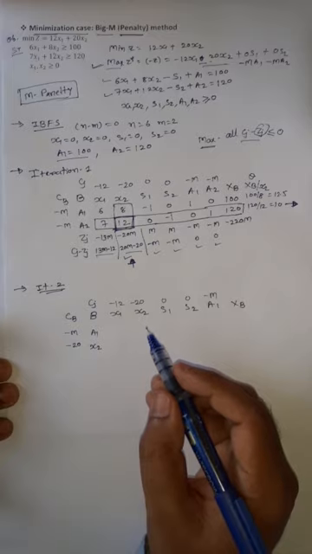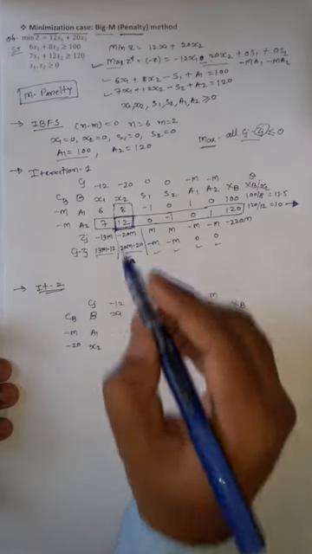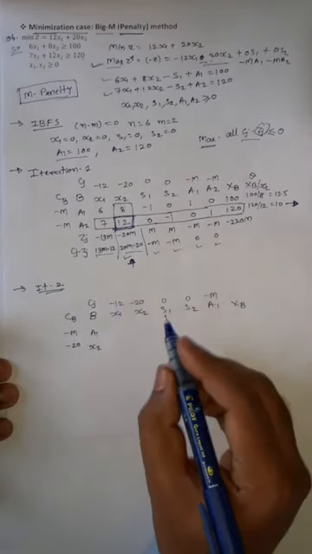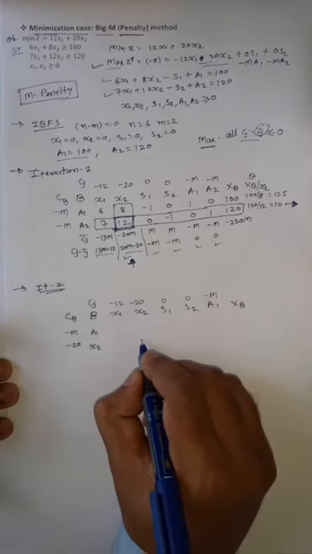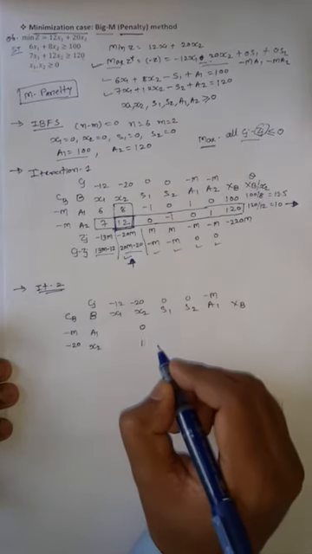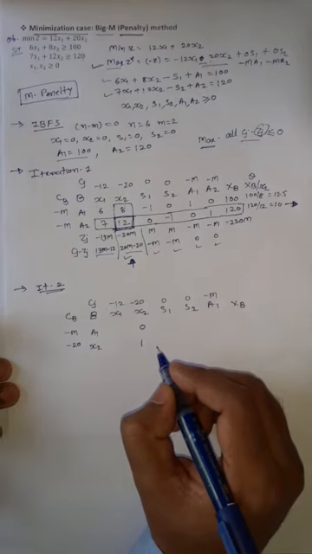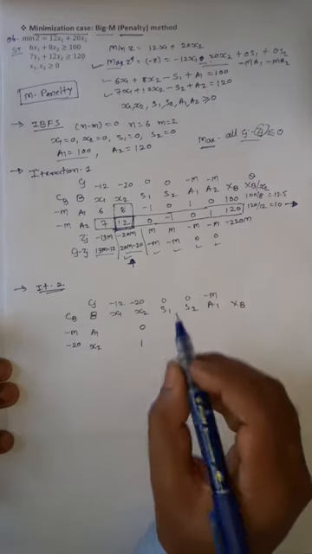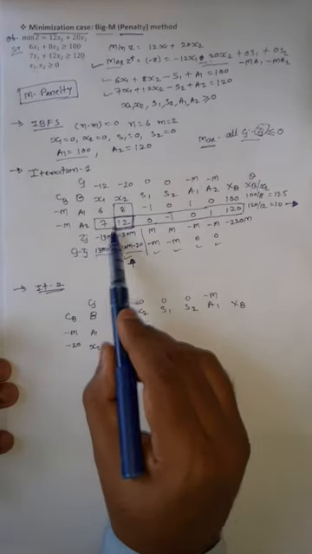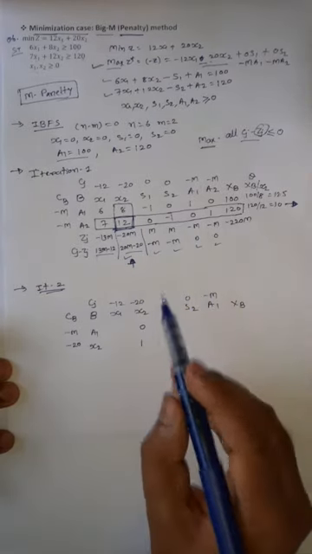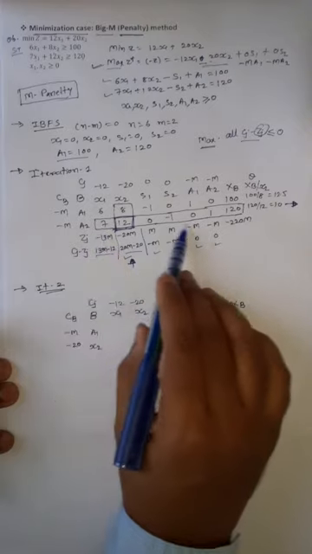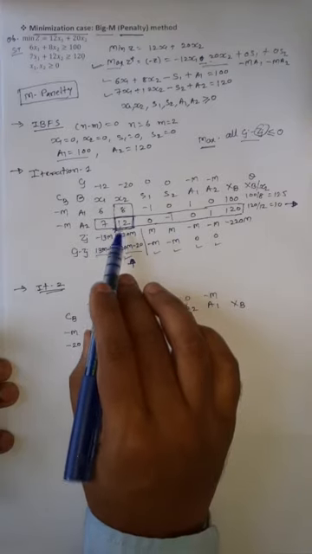So for that we will start with the key column. In the key column the pivot element is 1 and all the remaining elements are 0. Here there is only one element except the pivot element, so 1 and 0. After that, consider the key row. From the key row, divide all the elements by the pivot element or key element.